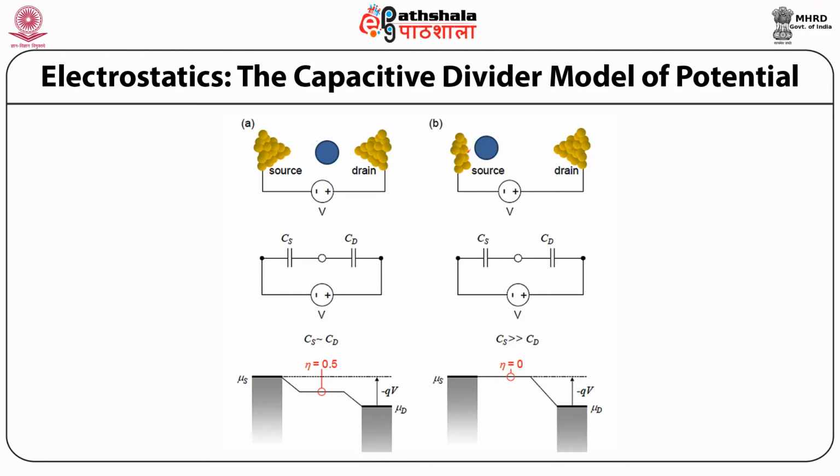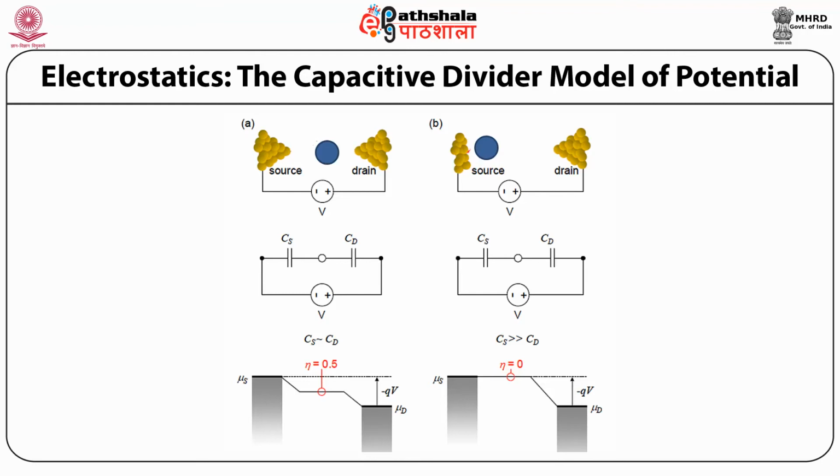Now if the nanoparticle is near to the source, as shown in figure B, but far from the drain, in other words, if the nanoparticle strongly couples to the source compared to the drain, CS is very much greater than CD, and vice versa.